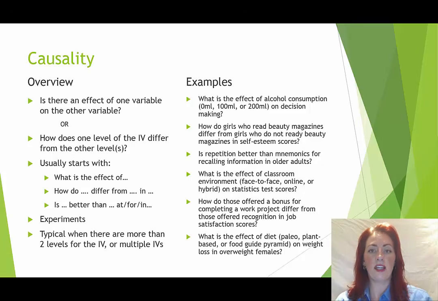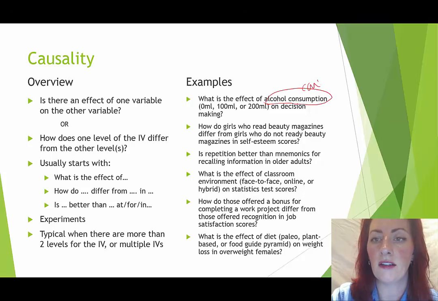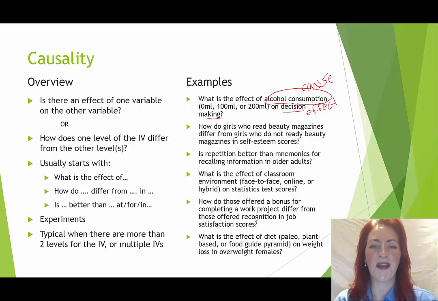So the cause here would be the alcohol consumption, and the effect would be decision making. So we could list alcohol consumption here as being the cause, and then decision making being the effect. And excuse my poor handwriting.